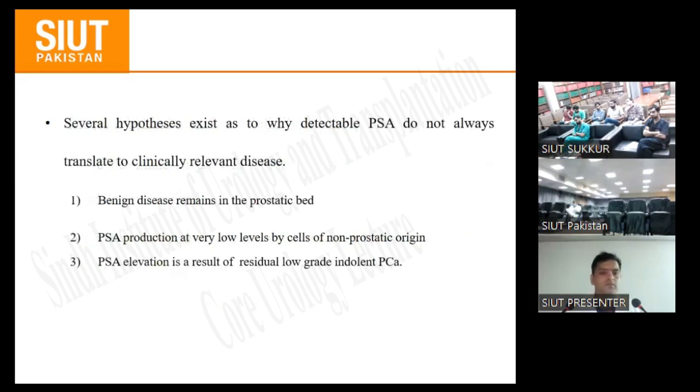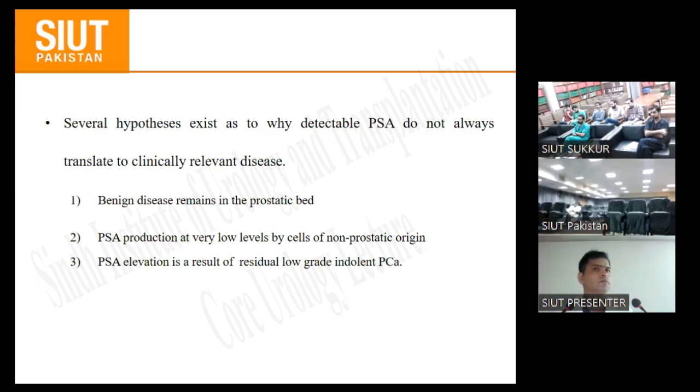But biochemical recurrence is something which is in the realm of prognosis. Once a treatment is given, there is some kind of recurrence going on inside the body, and that recurrence will not be at a quantity or level that can be picked up by radiology, for instance.